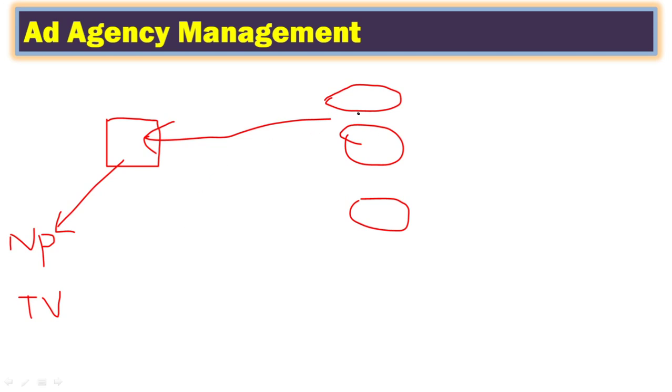Now they need to manage their customers, what advertisements they have given, and they need to collect the payment for the same. So this project will help the ad agency to manage all these things.